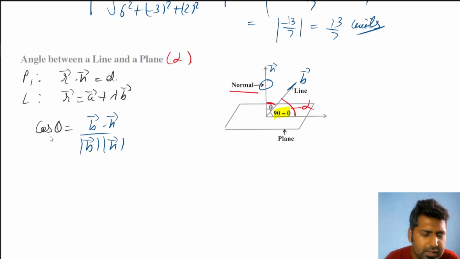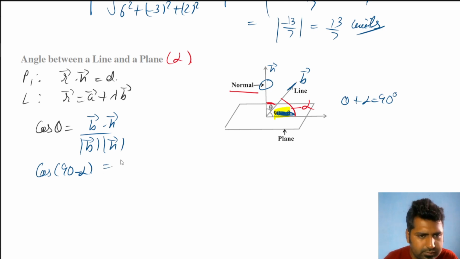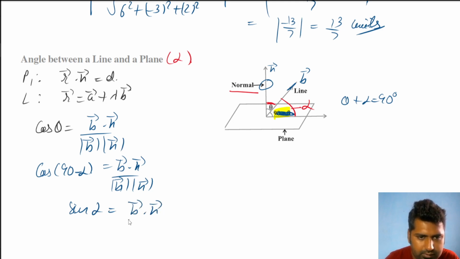So I'll replace this with cos of 90 minus alpha, because theta plus alpha is 90 degrees. So what is cos 90 minus alpha? Sin alpha. So sin alpha is equal to b dot n upon mod b mod n.